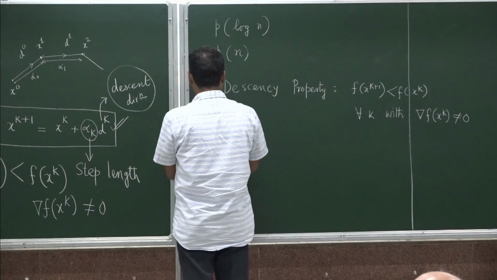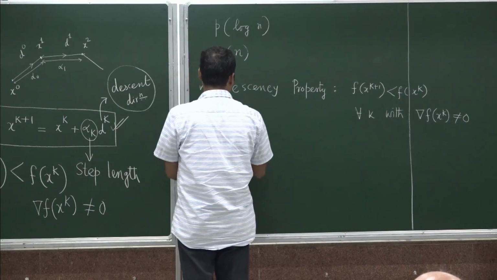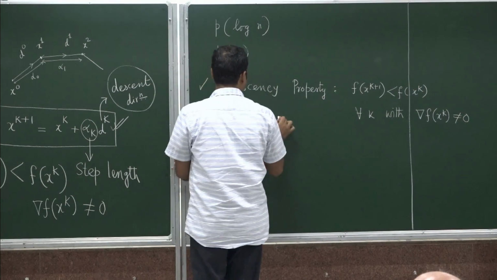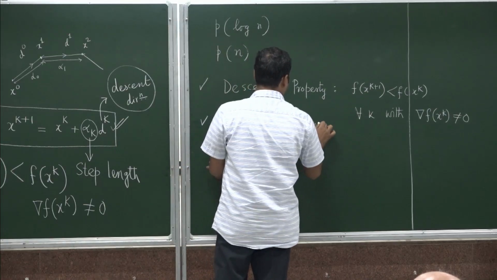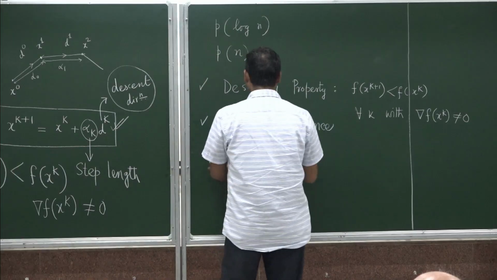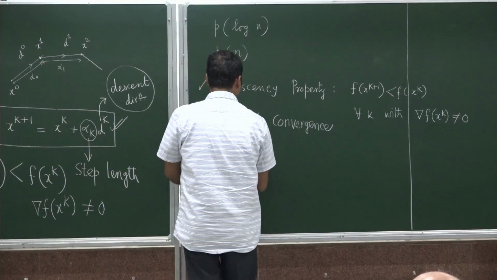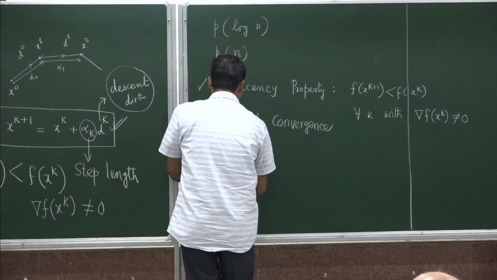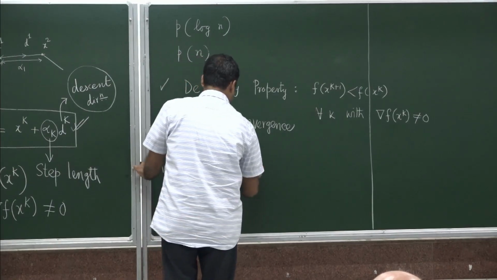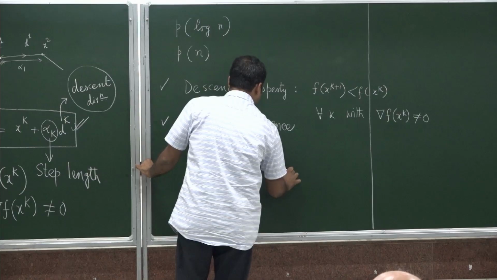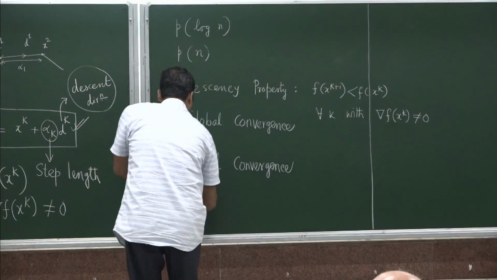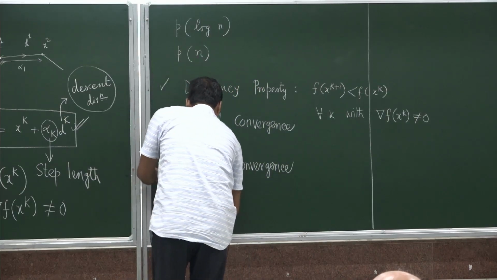Then we have the global convergence property. We have the local convergence property, and the quadratic termination property.